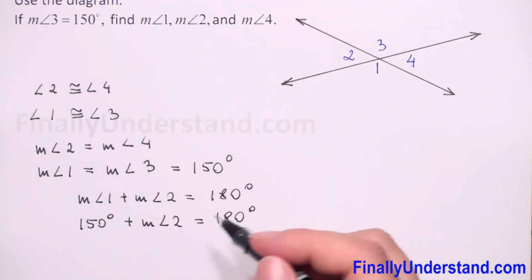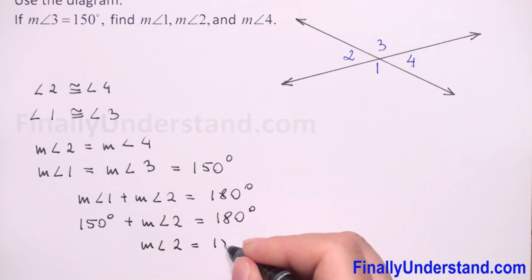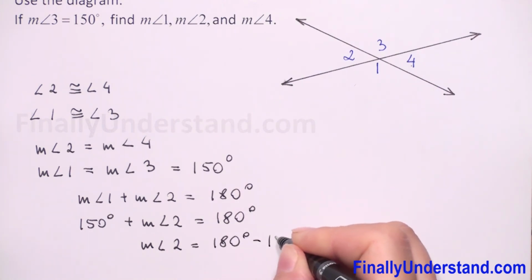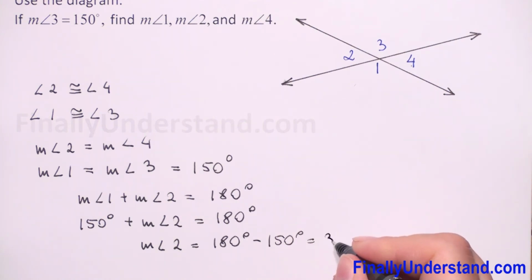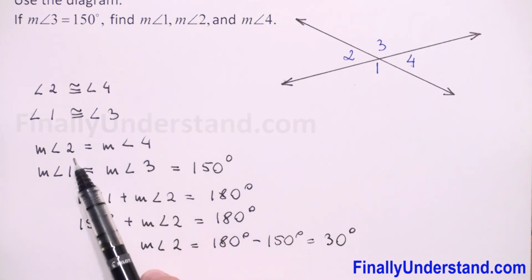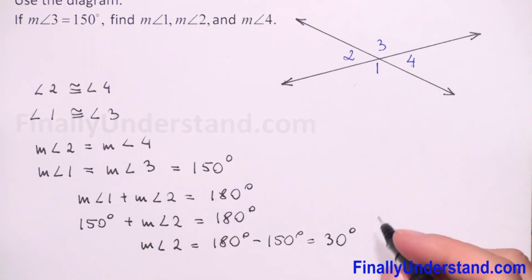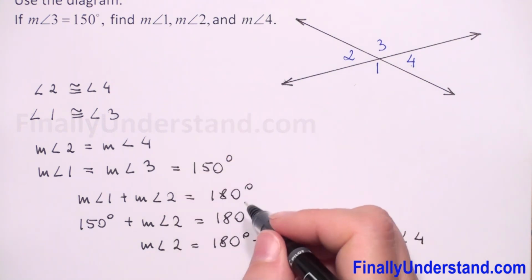I will move 150 to the right side, so we have the measure of angle 2 is equal to 180 degrees minus 150 degrees. This is 30 degrees. And the measure of angle 2 is equal to the measure of angle 4. So we have the measure of angle 4 too. This is my solution.